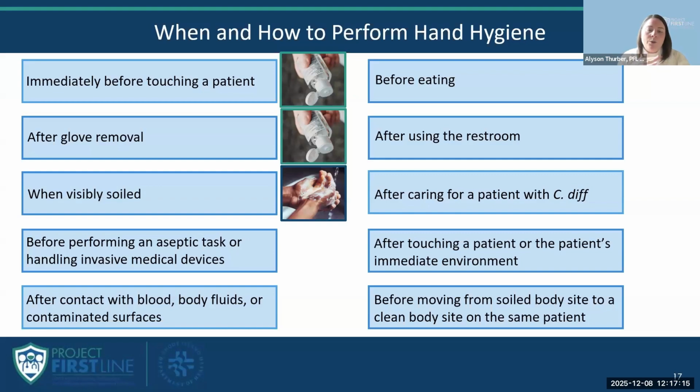And that's what you're doing with the soap and water. You have to get all that particulate off prior to actually going ahead and doing the disinfection. The alcohol-based hand sanitizer is kind of like a one-step, where it'll clean and disinfect. But you have to get that visibly soiled material off your hands, and that's only done with soap and water.